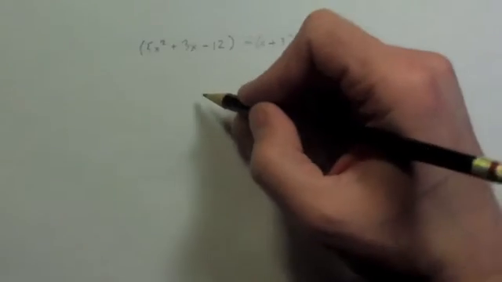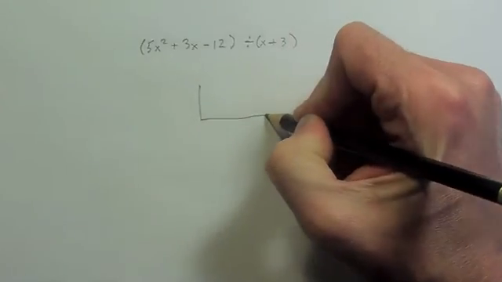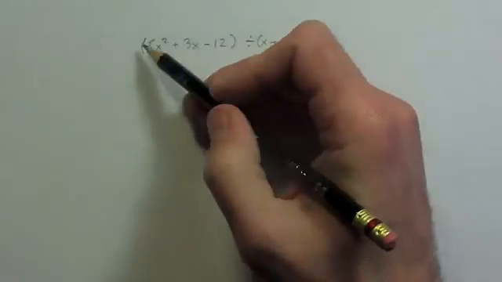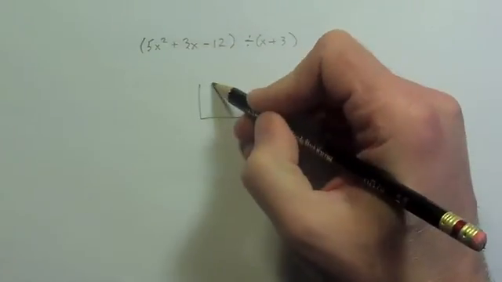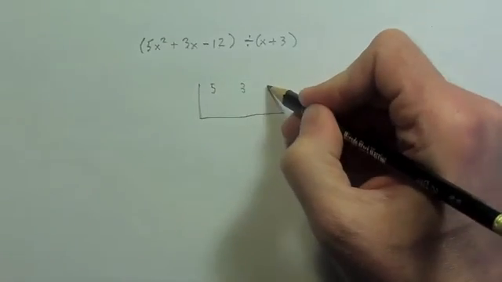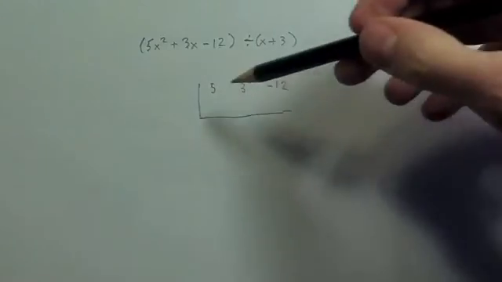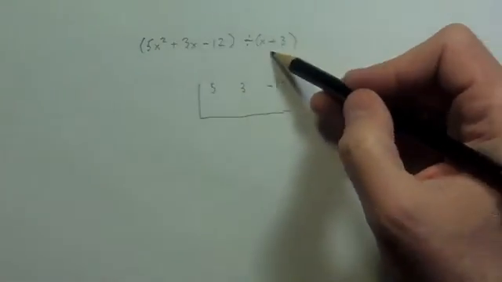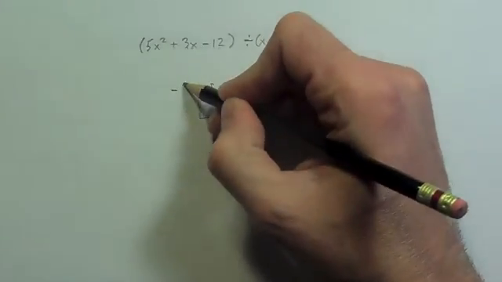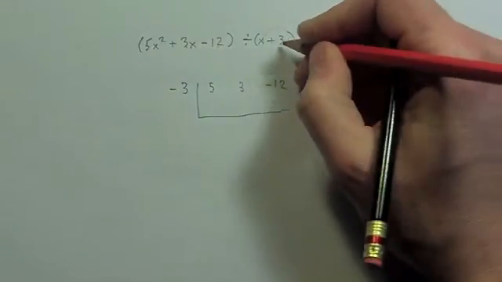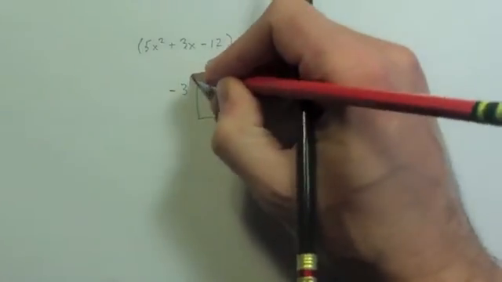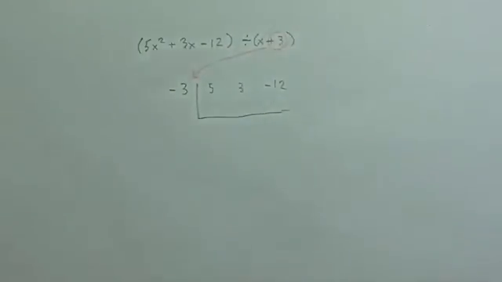So remember, for our synthetic division, I'm going to take my coefficients, the 5, the 3, and the negative 12. I'm going to put those along this row. And then I'm going to take this value and negate it. It's always the negative of that.